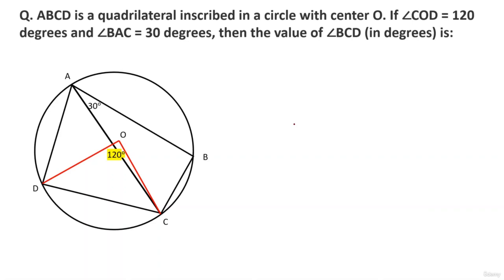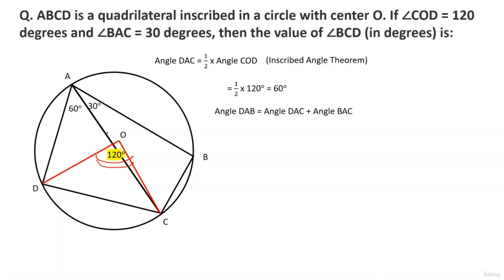Now observe carefully. If COD is 120 degrees, then angle DAC will be half of that, because DAC is the inscribed angle for the arc CD. So DAC will be half of angle DOC, that is half of 120, which is 60 degrees. That tells us the whole angle DAB will be 60 plus 30, which is 90 degrees.